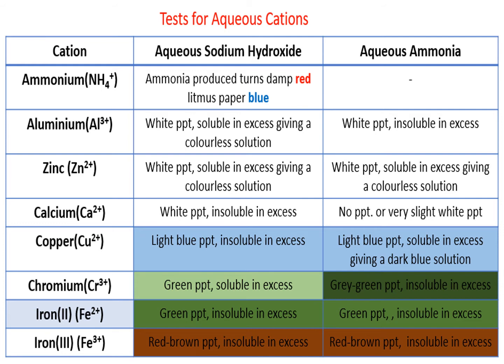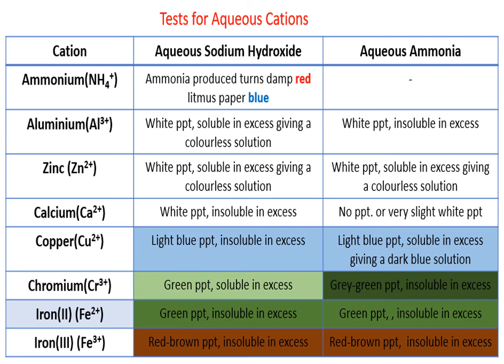The next is the zinc ions. On adding a few drops of aqueous sodium hydroxide, white precipitates are formed, which are soluble in excess, giving a colorless solution. In case of aqueous ammonia, white precipitates are formed which are soluble in excess, giving a colorless solution. In case of calcium ions, white precipitates are formed which are insoluble in excess, and when we test with aqueous ammonia, no precipitate is formed or very slight white precipitate is formed.